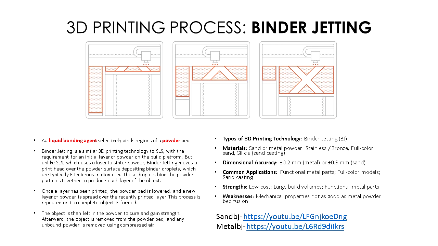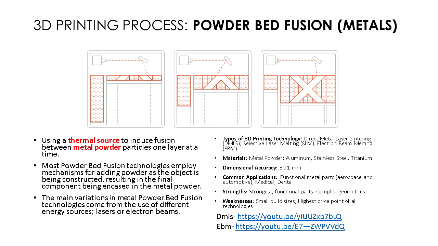Next is powder bed fusion metal. Just now they used binder to bind the metal powder. This one uses a thermal source, either a laser or, I think, only laser. The laser shoots the metal powder and it is melted and hardened.